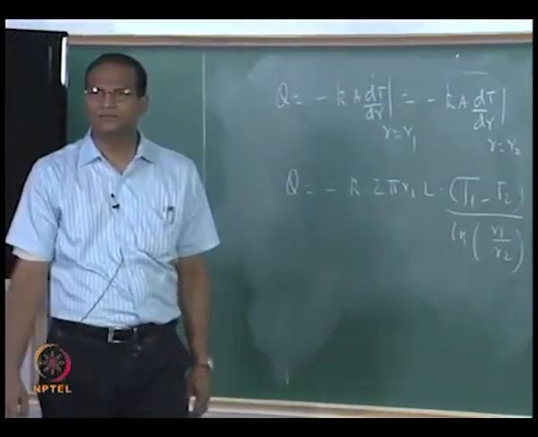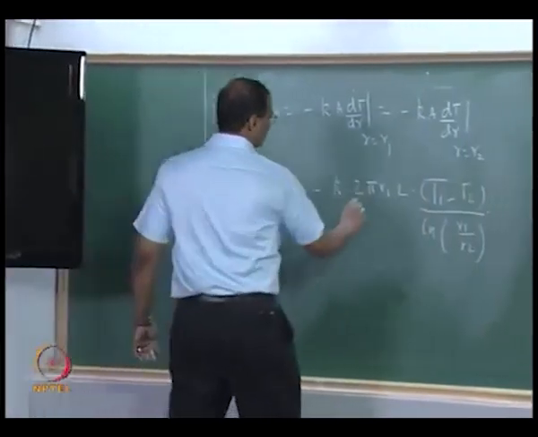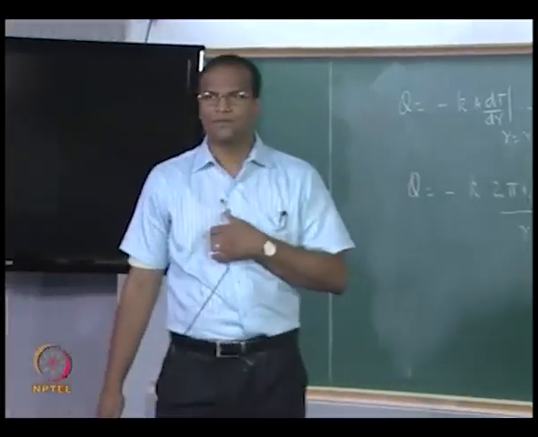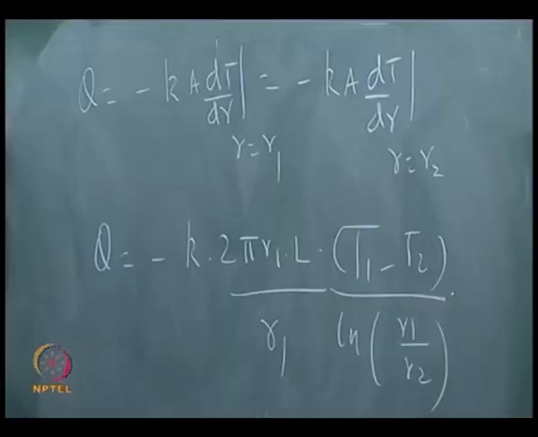That is it by r1. I can take care of the minus sign by writing the denominator as ln of r2 by r1.